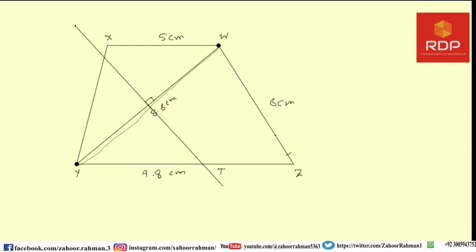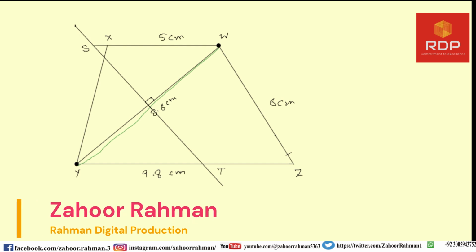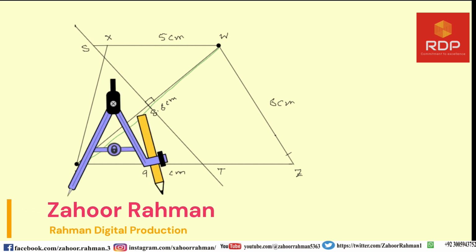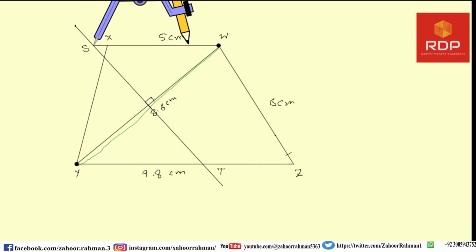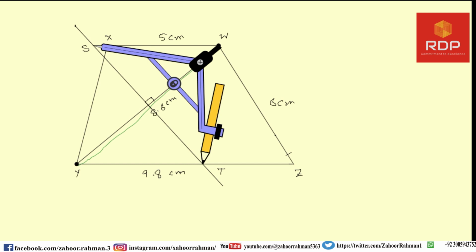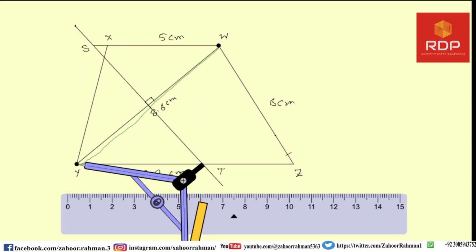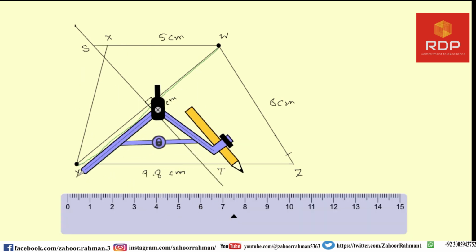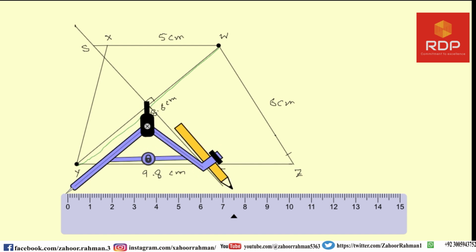So where is S? This will be the S point if we are connecting this line. So this will be the S point. Now we have to find the value of ST. We have to bring it here, open it that much, lock it and measure it with the ruler.